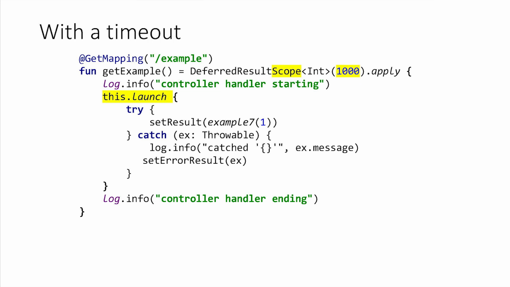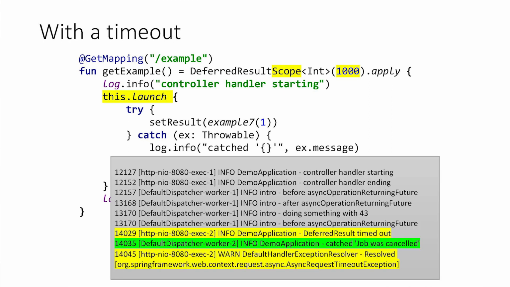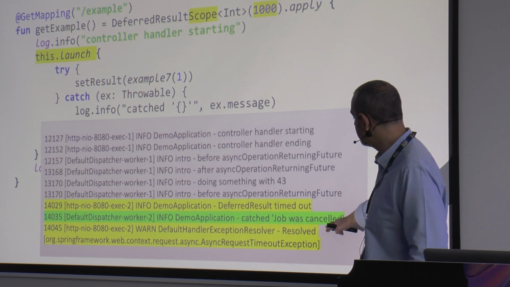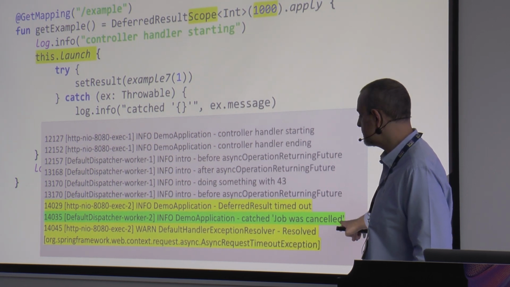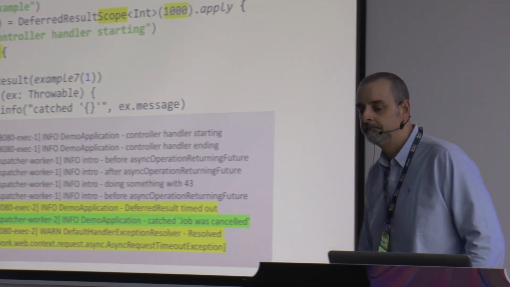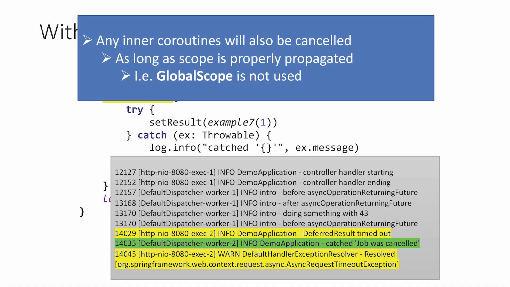Okay. So, if I look into the logs, I can see that the deferred result times out roughly around 1 second, and immediately the job is cancelled and everything ends, and I don't have any further activity. Okay.